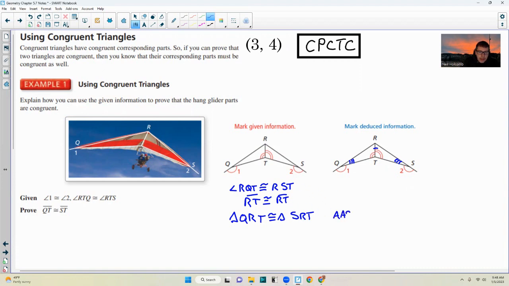And the reason is angle, side. I like doing 2-column proofs more than paragraph proofs. So we were given these 2 things. I didn't write them, but we were given them. Then you would say angle RQT is congruent to RST because of the definition of linear pair. RT is congruent to RT, reflexive property.